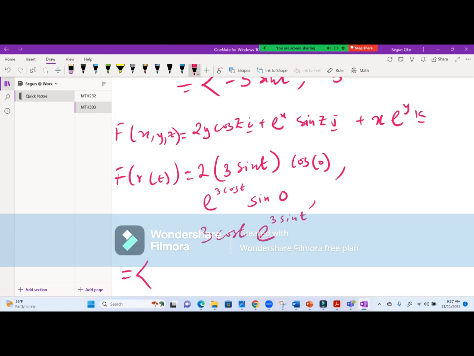The first one, we have 6 sine t, right? Because this one is 1. The second component will be 0. The third component will be 3 cos t exponential 3 sine t.